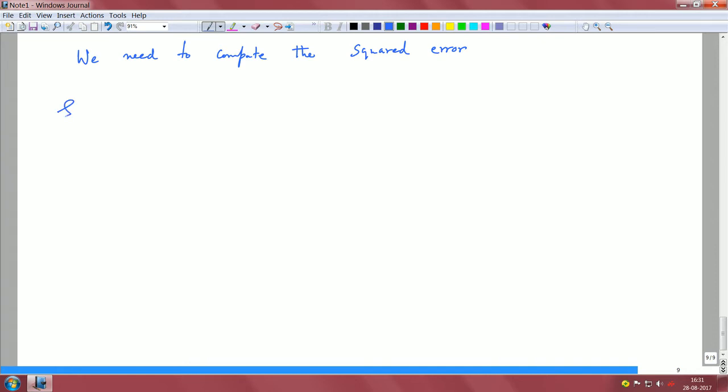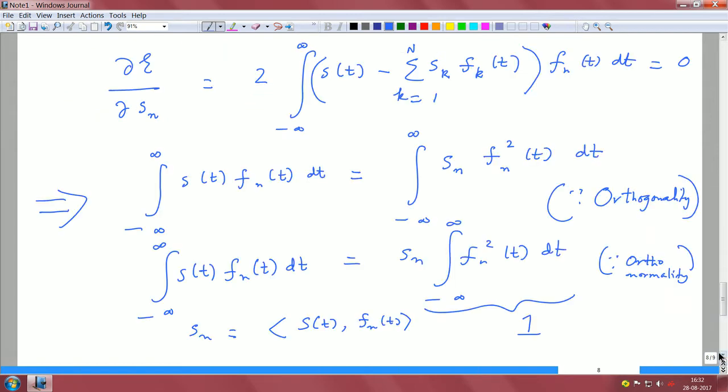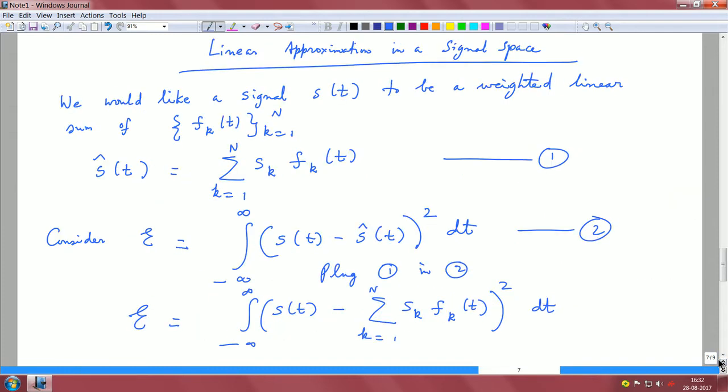So, E, if you just expand this out, is the integral of S squared of t dt, right. Just take S of t minus this, you have this equation 2, and you just have to expand equation 2 in this form here.